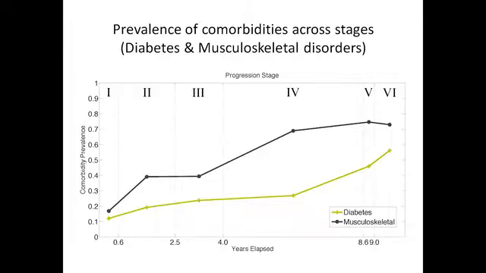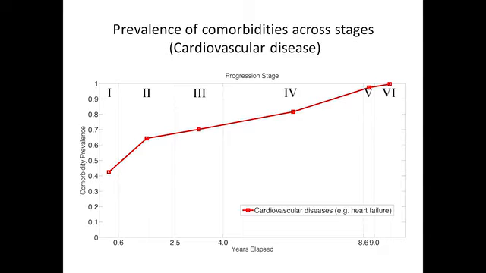One could also read this out for other comorbidities. So in yellow here is diabetes, in black here is musculoskeletal conditions, and in red here is cardiovascular disease. And one of the interesting inferences made by this learning algorithm is that even in stage 1 of COPD, very early in the trajectory, we are seeing patients with large amounts of cardiovascular disease.